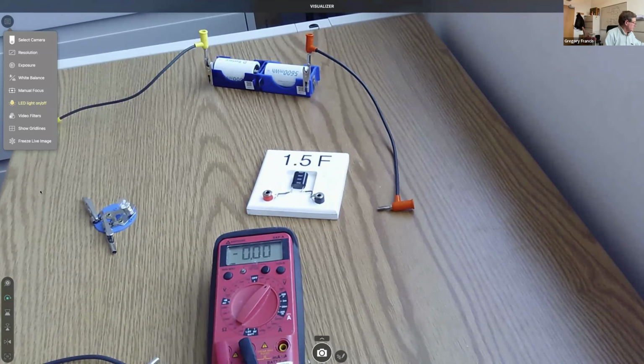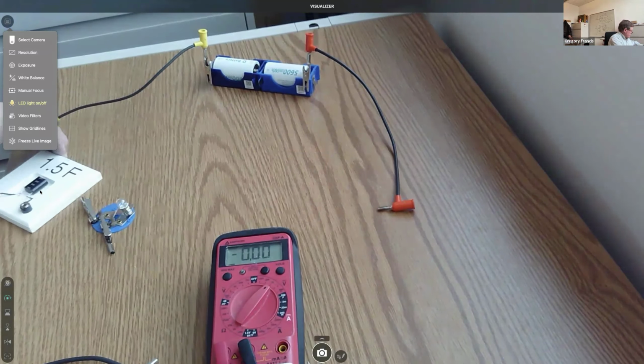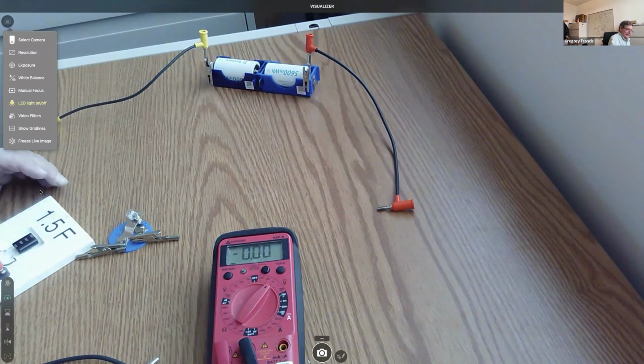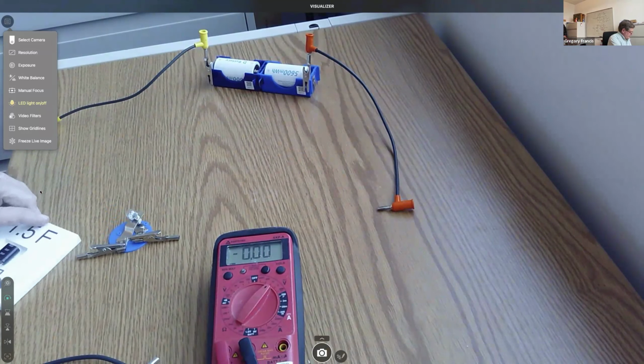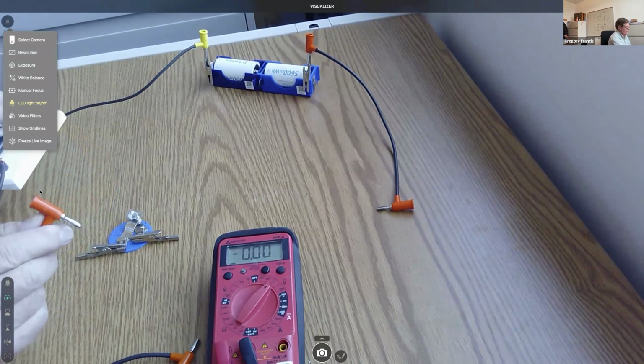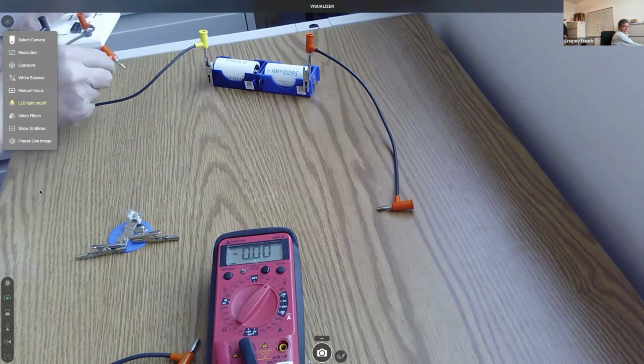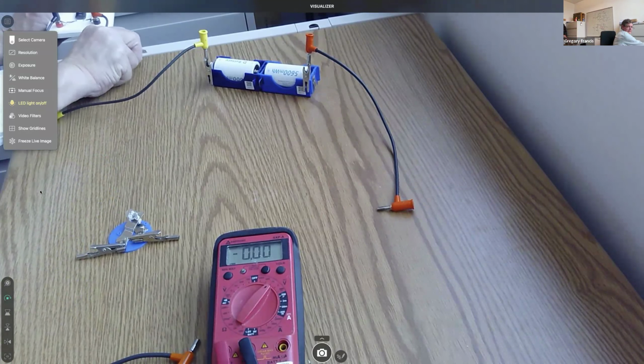Okay, so I'm going to take this capacitor that's charged up, and, oops, boy, it's magnetized there. I'm just going to touch one of these leads to the metal desk.